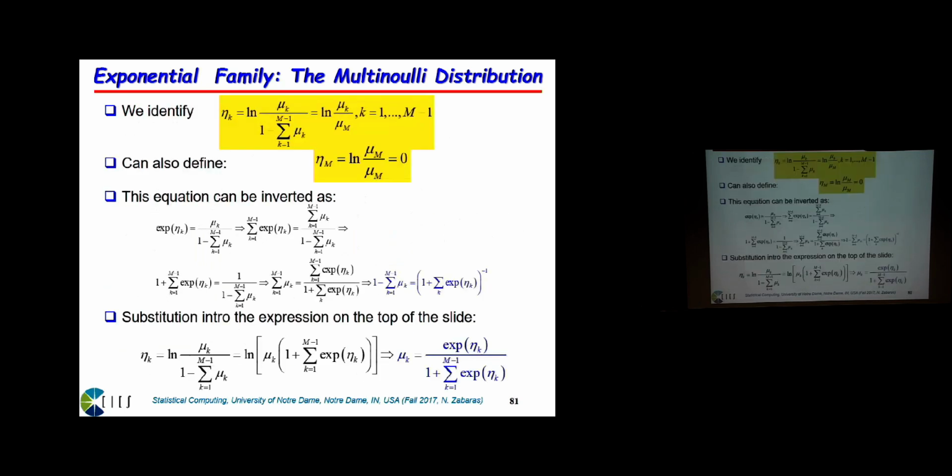And when you do that, with some trivial algebra, it comes out that eta_k, for k from 1 to M minus 1, is given by ln of mu_k over mu_M, where you have defined mu_M to be 1 minus the summation from k=1 to M minus 1 of mu_k.